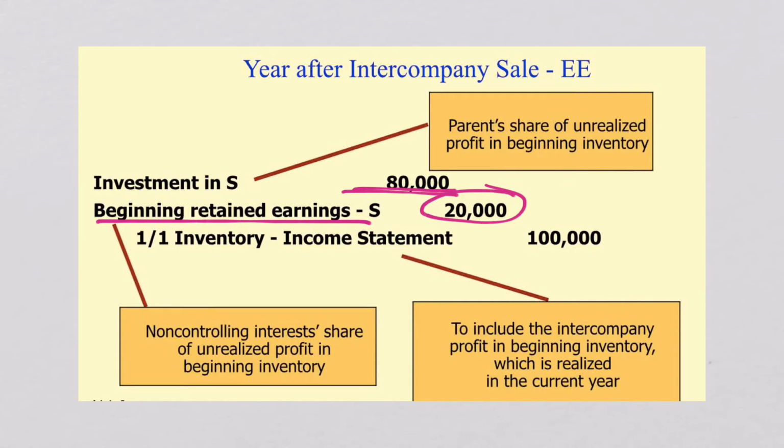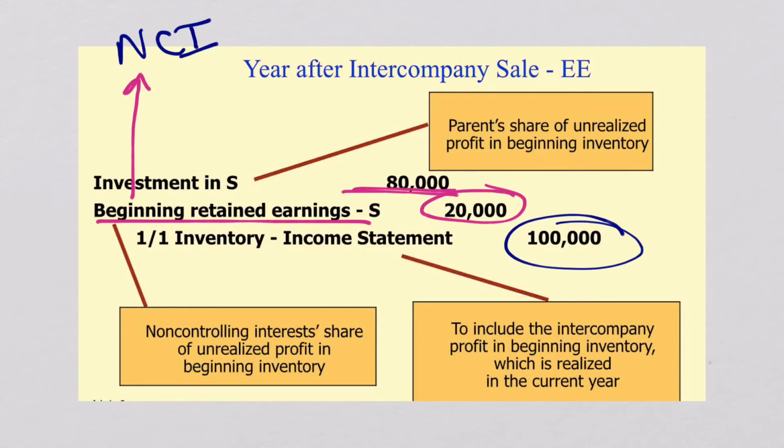I've seen this debit called not beginning retained earnings of the subsidiary, because there are no retained earnings when the consolidated financial statements represent the subsidiary. It's simply the beginning non-controlling interest, since that was the amount recorded last year, and now it's being brought back into total income through the consolidated statement here.